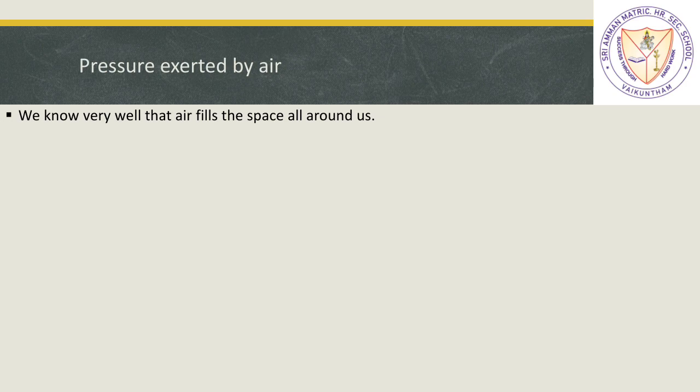Whatever is surrounding you, most of it is nothing but air, right? The envelope of air which you are surrounded by is nothing but the atmosphere. This is what we call the atmosphere, right?